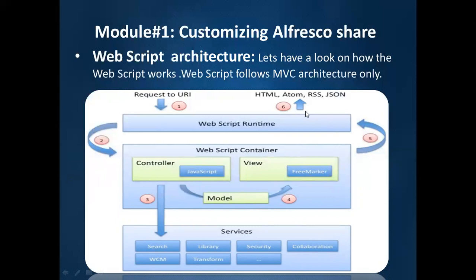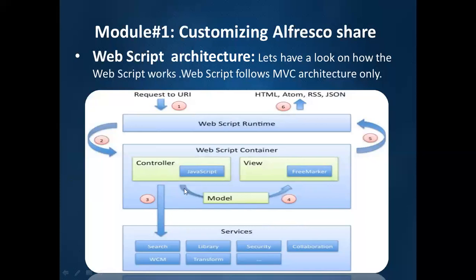Step 5, step 6. A FreeMarker template can produce HTML, Atom, RSS, and JSON. This is the type of displaying the view file. Okay, so these are the steps of how data is retrieved, or the web script architecture in general.